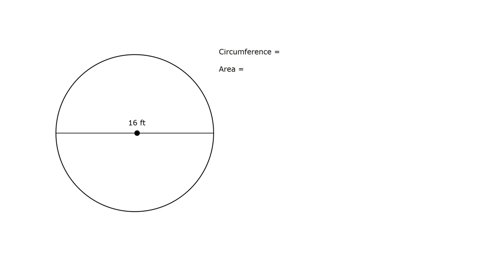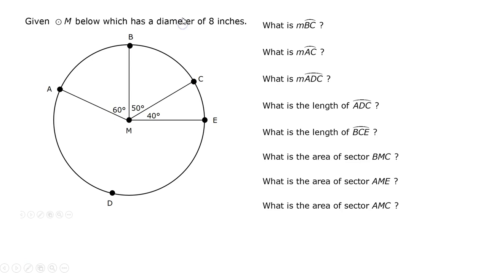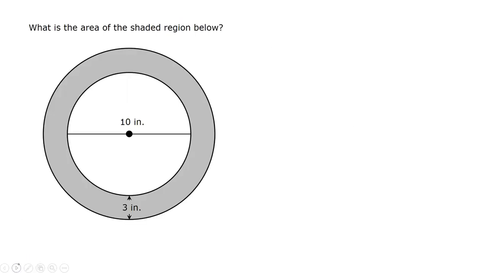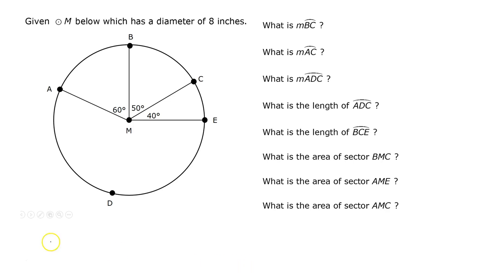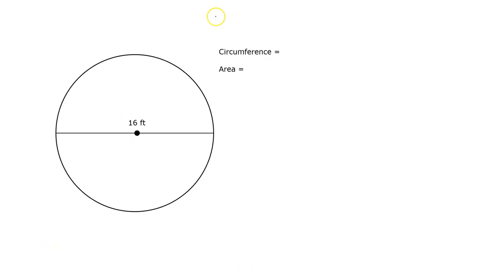Okay. Now, as far as this particular situation goes, this is a circle, and you're asked to find a circumference, which is basically a circle's version of the perimeter. From the markings we have here, we can see that the diameter of this was given as 16 feet, which means that the radius is 8 feet.